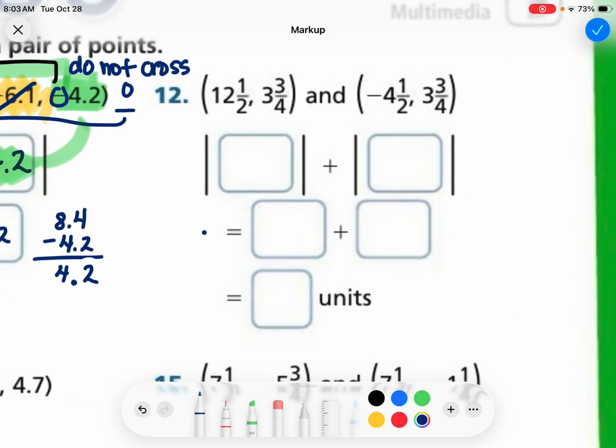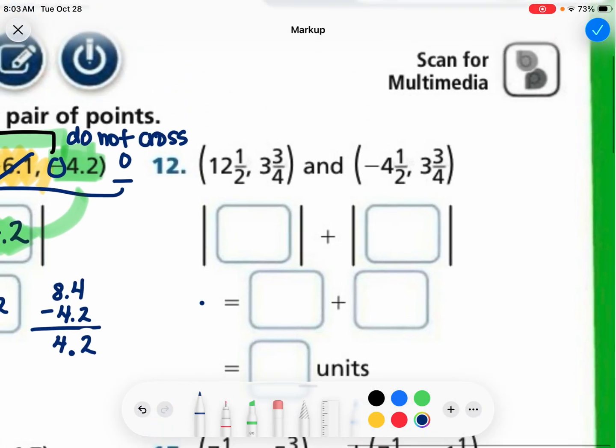Okay? Let's try this one. Which guy are we going to be able to ignore? The one that did not change was my y value. The one that did change is my x value. Remember, you have already done this for 3 weeks, right? X is yellow, y is green. Am I going to cross 0? Yes, I am, because I went from positive to negative here.